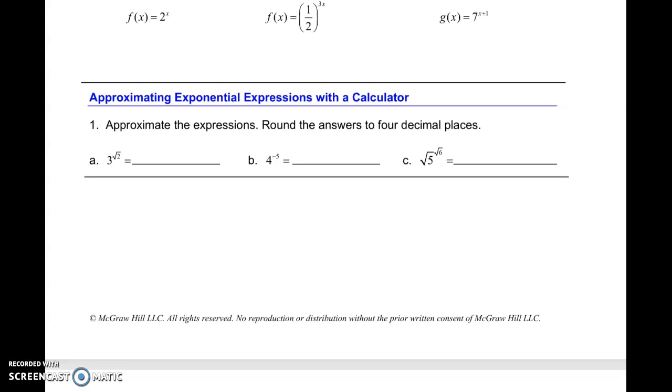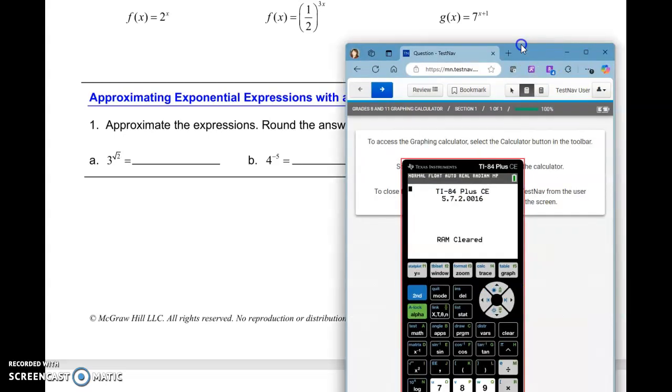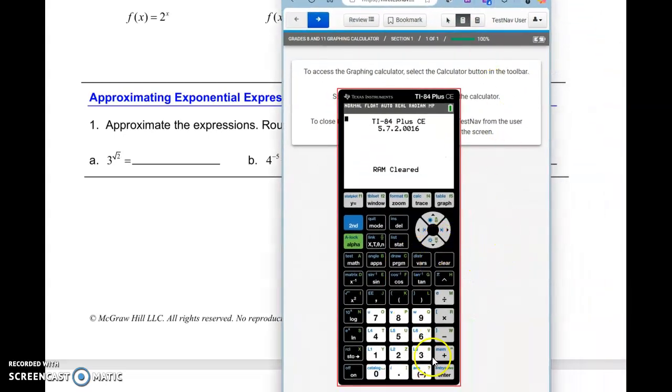So let me show you on the calculator where you will find the button to create an exponent. So here is our calculator, and we could say 3, and then the caret symbol, the square root of 2. So this caret symbol here will allow you to type in an exponent, and whether you have this calculator or a different calculator, you should be able to find a caret symbol on there.